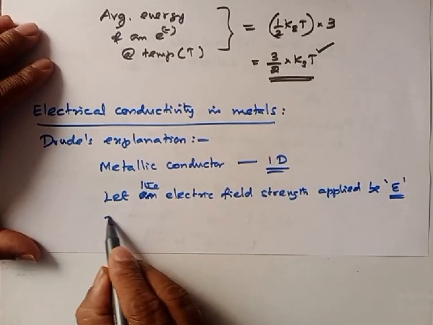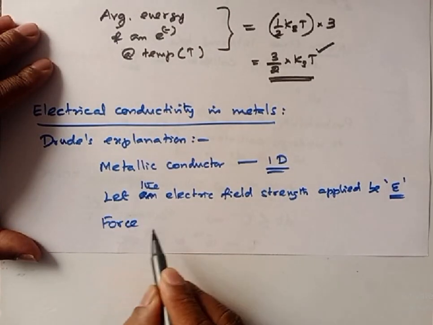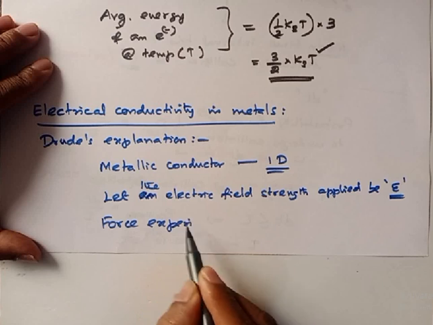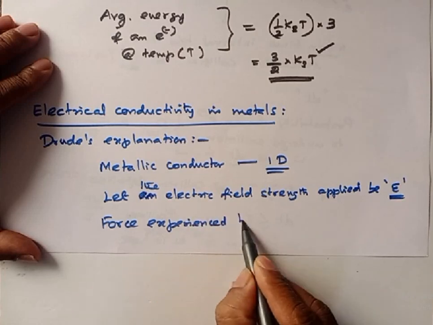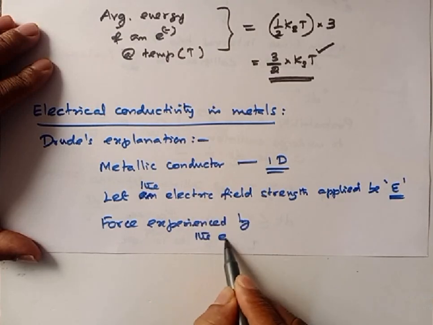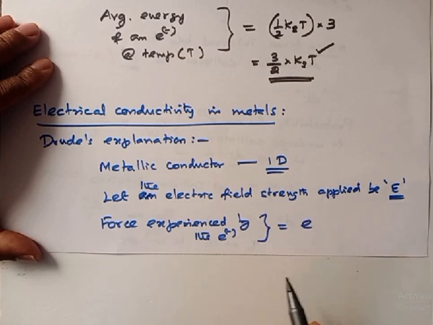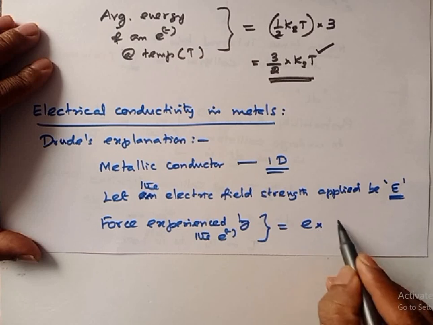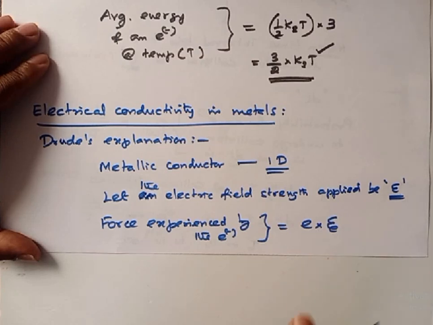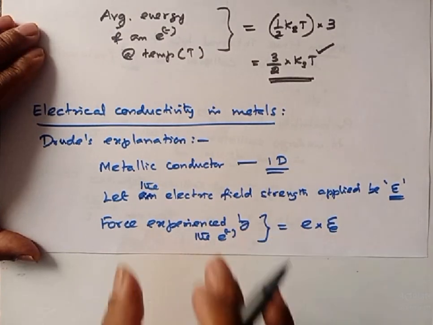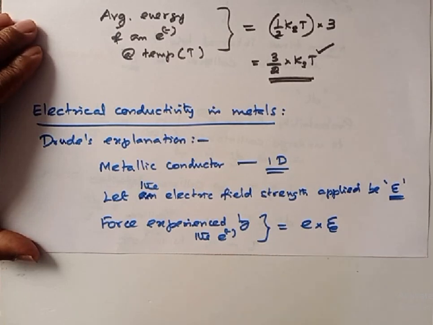What is the force experienced by an electron? It is nothing but the charge on the electron into the applied field strength epsilon. So E into epsilon will give you the force experienced by an electron.